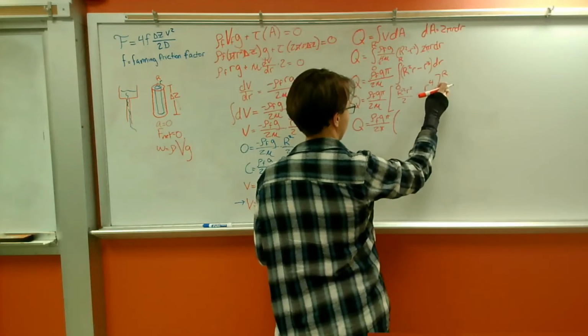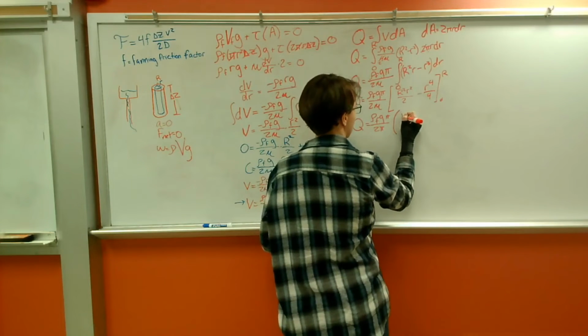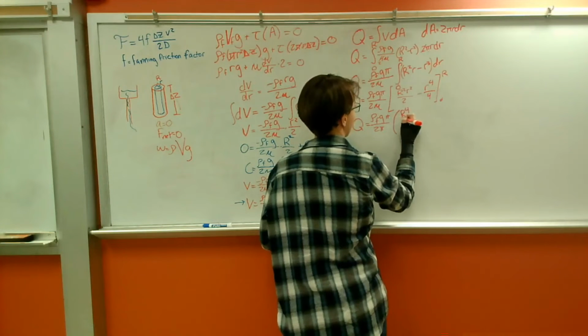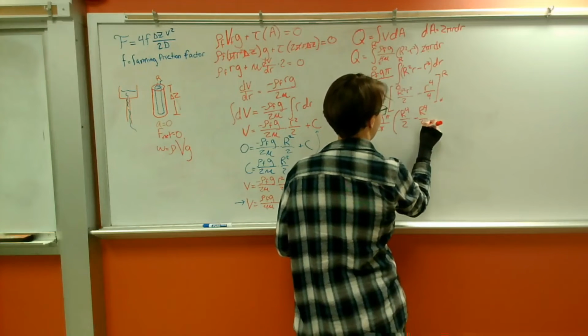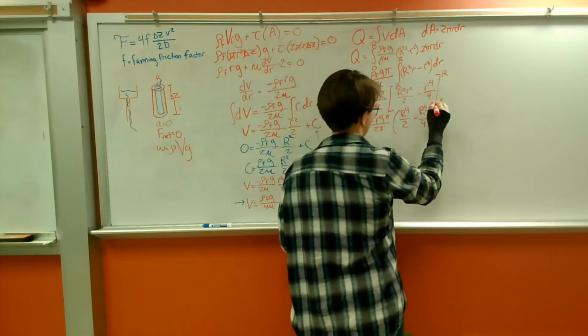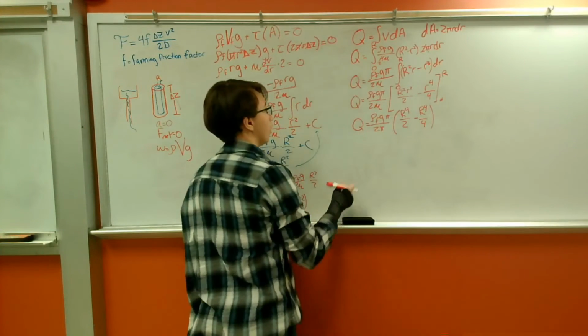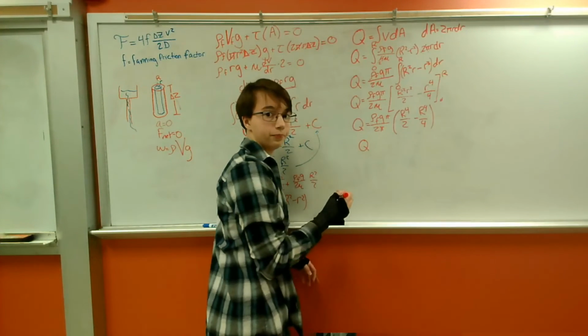And then that will be, so plug in big R for little r, so we've got R to the 4th over 2 minus big R to the 4th over 4, and then we plug in 0, which will give us 0, so that's it. And then again, we can simplify that Q.